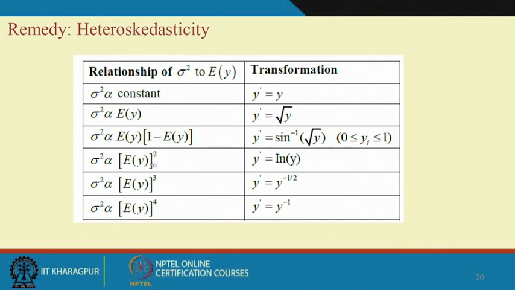If it is proportional to the square of the mean, use the log transformation. If it is the cube of the mean, then use the inverse square root transformation. If it is the fourth power of the mean, then you do 1 by y, that is the inverse. These are some guidelines you can use while you do experimental data analysis.